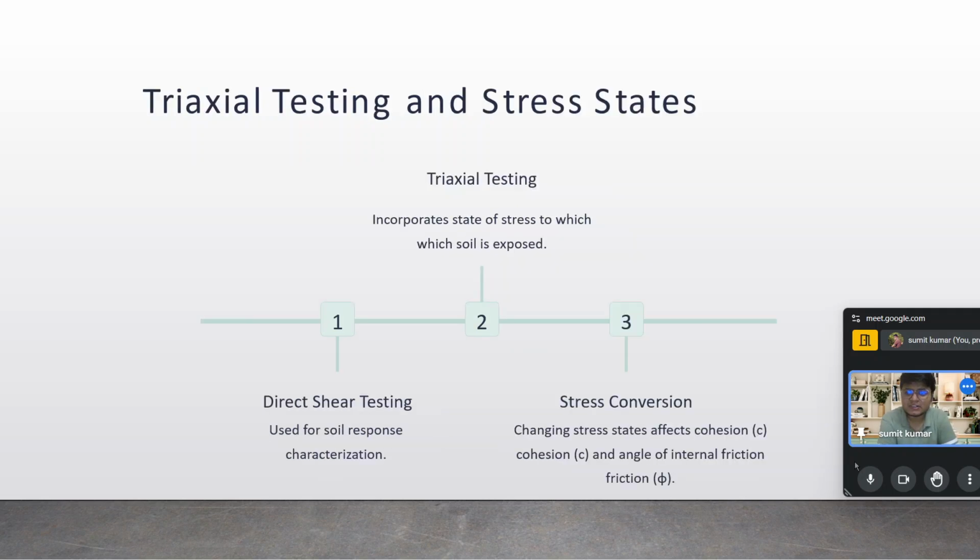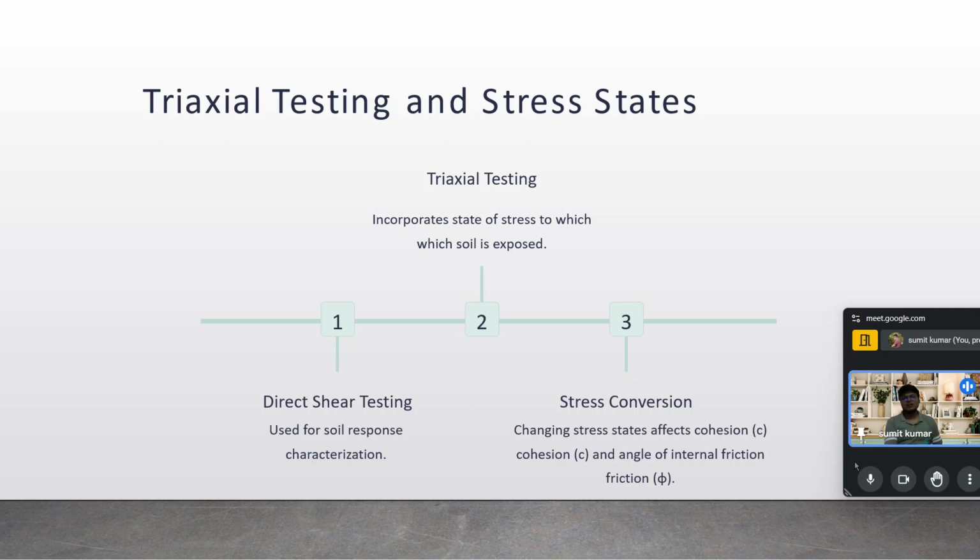When we talk about triaxial testing and stress tests, first of all, direct shear testing is used for soil response characterization, and triaxial testing interpolates the state of stress to which the soil is exposed. As we have said earlier, in the triaxial test the real field condition is simulated in the laboratory.